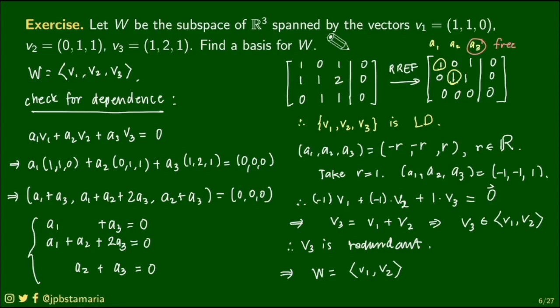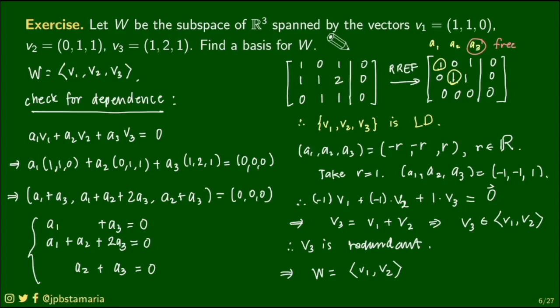Now to check whether the set consisting of V1 and V2 already forms a basis, we again check for independence or linear dependence. So you basically set up this equation once again, but without V3, you only get two equations in the homogeneous linear system.